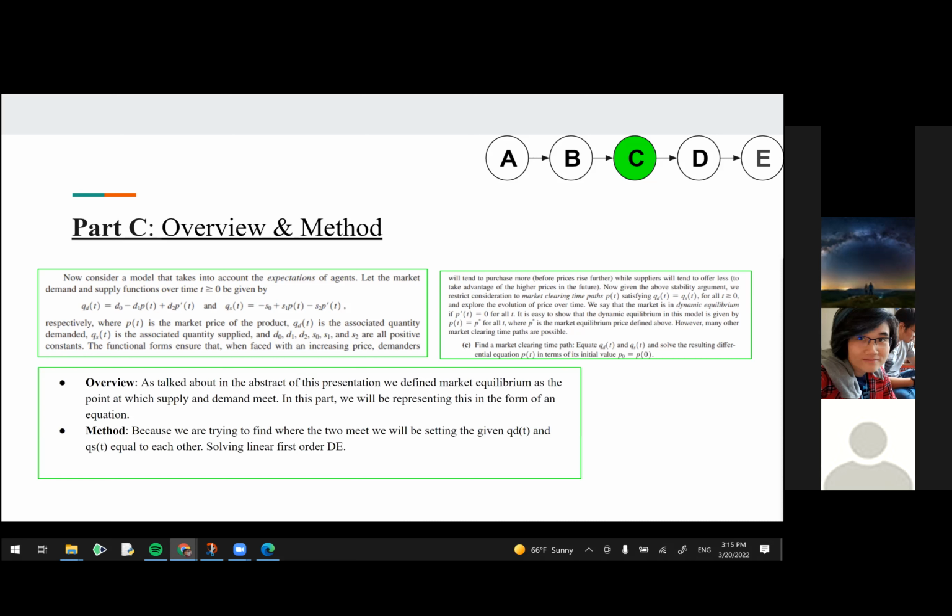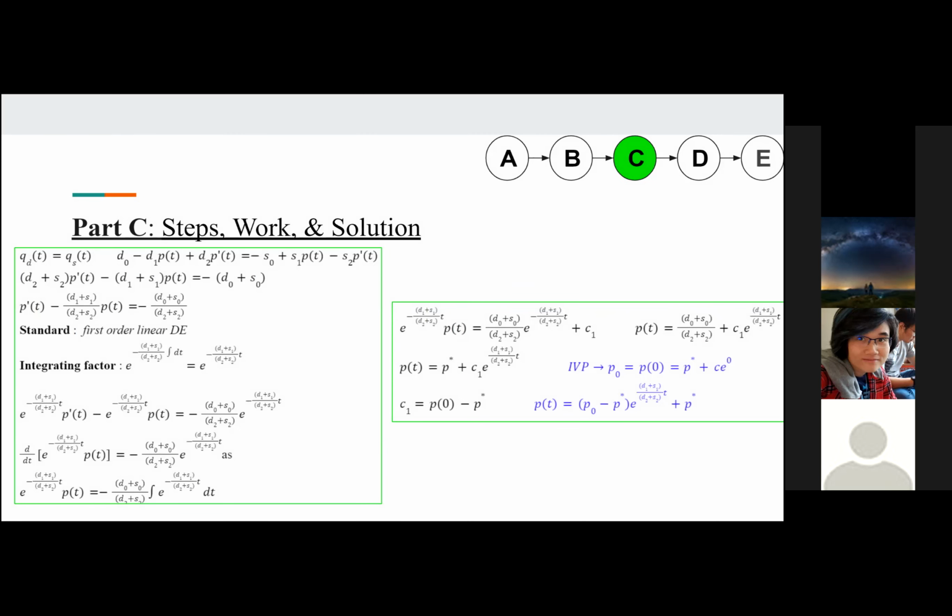Dividing both sides, we get that P prime(t) plus (d1 plus s1) over (d2 plus s2) times P(t) is equal to (d0 plus s0) over (d2 plus s2). As you can see, this is essentially a first order linear differential equation in standard form. By finding the integrating factor, we get e to the power of (d1 plus s1) over (d2 plus s2) times t.